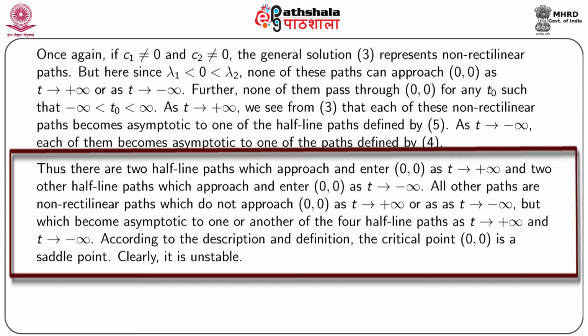All other paths are non-rectilinear paths which do not approach 0 0 as t tends to plus infinity or as t tends to minus infinity, but they become asymptotic to one or another of the 4 half-line paths as t tends to plus infinity or as t tends to minus infinity. And hence, by definition, the critical point 0 0 is a saddle point, and clearly it is unstable.